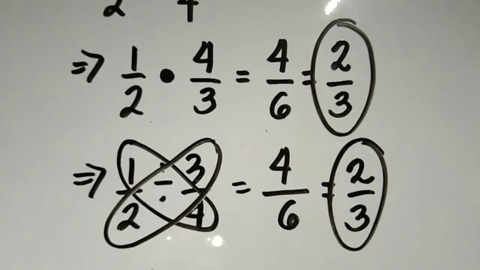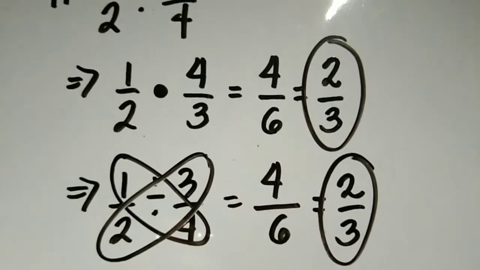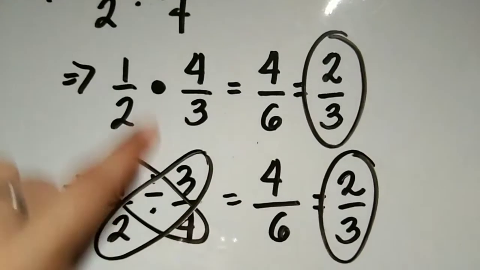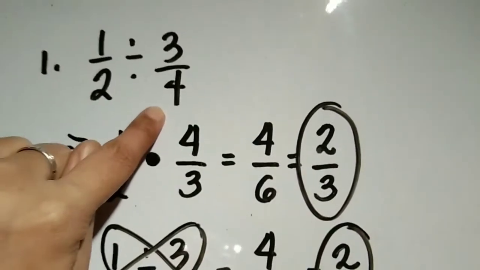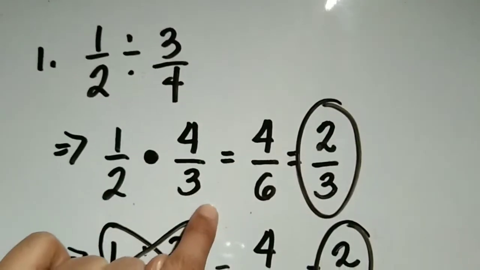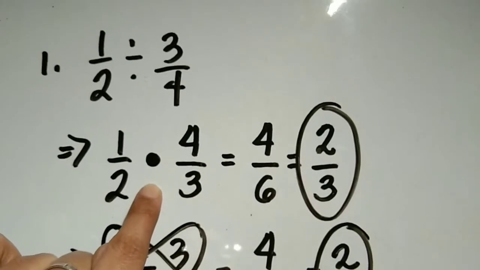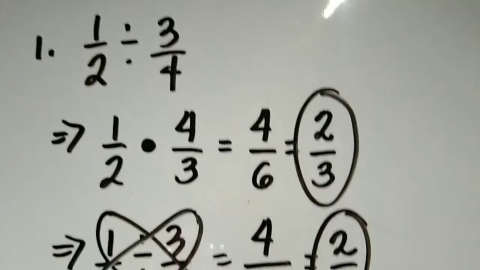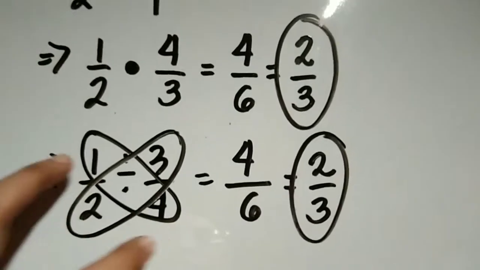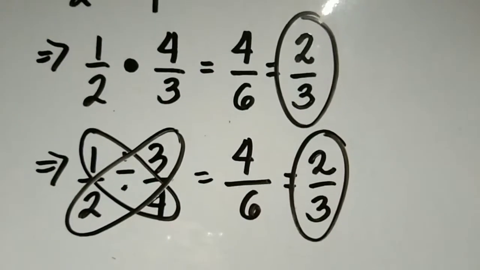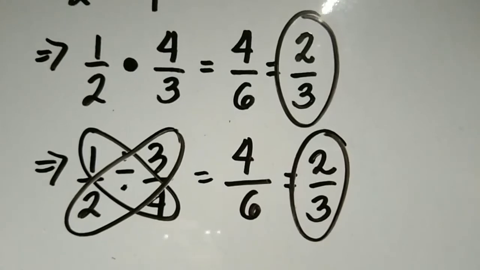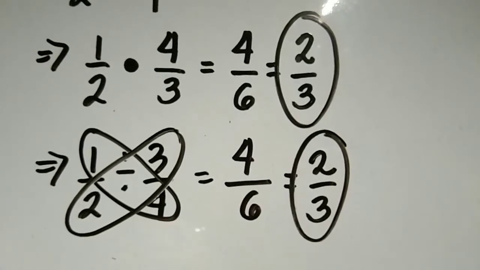We have two ways on how to divide fractions. The first one, all you have to do is get the reciprocal of the divisor and then proceed to multiplication. Or simply cross multiply. So, you have two options on how to divide fractions. Kung saan po kayo mas madadalian, yun po yung inyong gamitin.